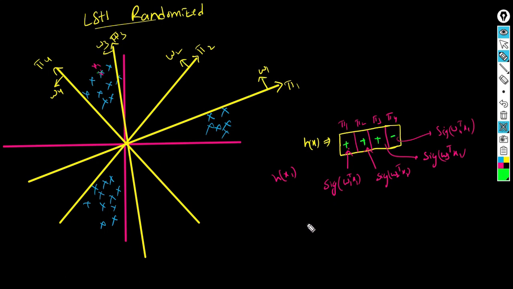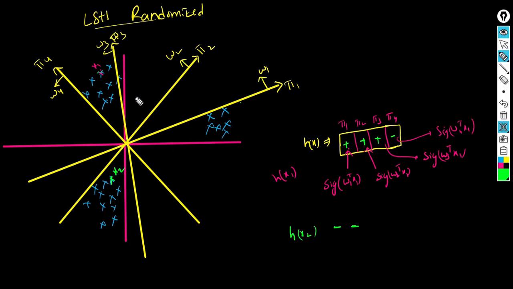Let us consider one more point. Let's consider this one as x2. Here I can see, for x2, it is the opposite direction. This one direction is opposite to w1. This way, negative. And then pi2 also is the opposite direction, so negative.